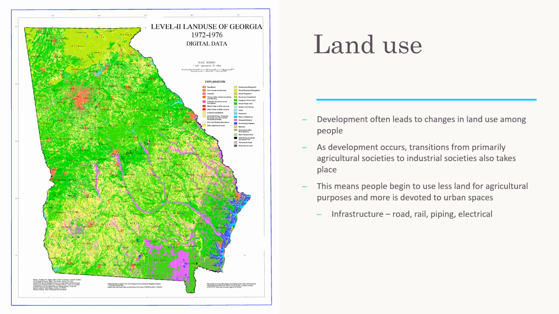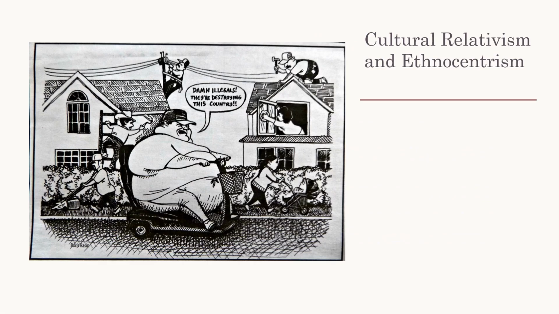Then there's everything that comes with urbanization: infrastructure of road, rail, piping, electrical works, so power lines. Buildings in general, commercial and residential, begin to expand, and we see this sprawl of the urban settlement into what once was rural or agricultural space. As that sprawl occurs, we need more infrastructure to support the people who live out there as well.